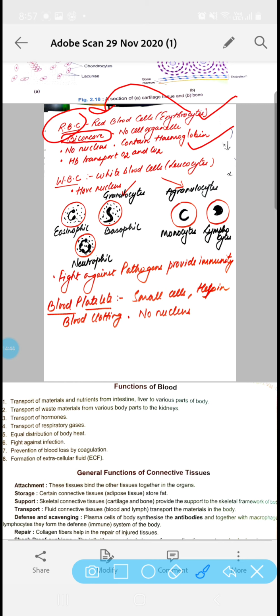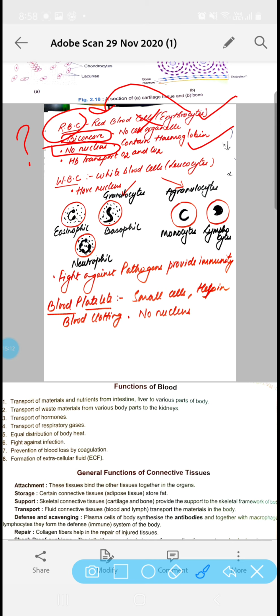Okay, and the RBCs don't contain any kind of cell organelle as well as nucleus. It is absent in mature mammalian RBCs. In human beings, mature RBCs do not contain a nucleus. So you have to tell me whether the RBCs are living or non-living. बेशक इनके पास न्यूक्लियस नहीं होता मैच्योर फॉर्म में, but then again they are living.